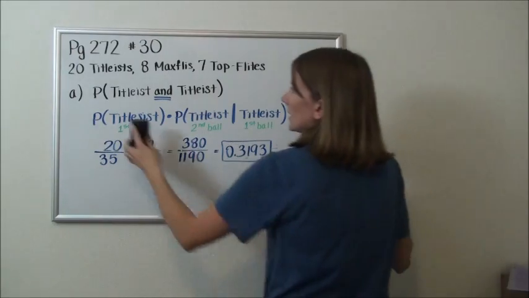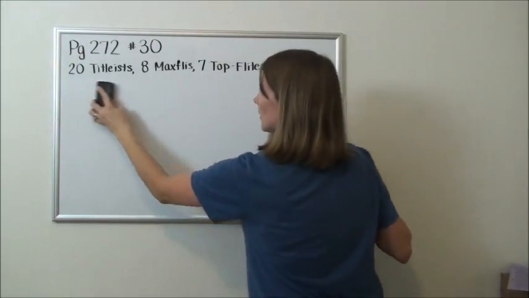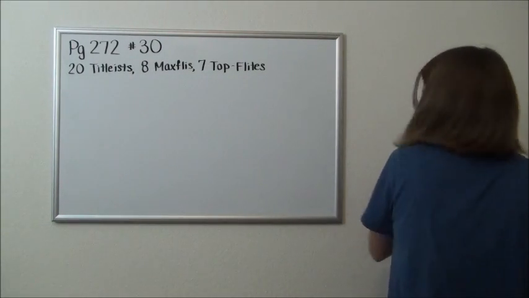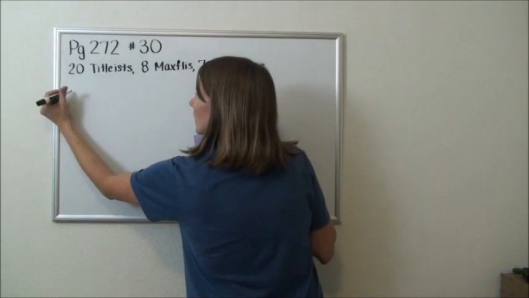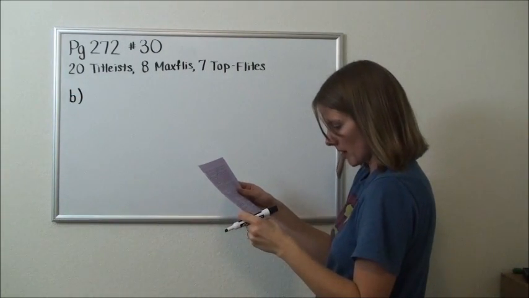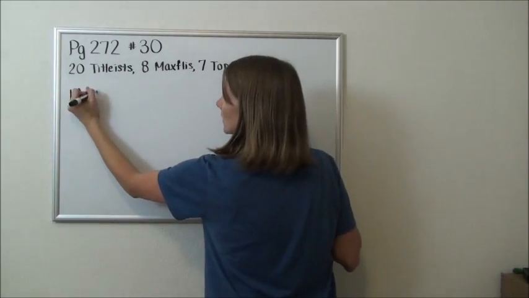All right, let's look at the next one. Let's look at part B. What's the probability that the first ball is a Titleist, the second one is a Max Fly?